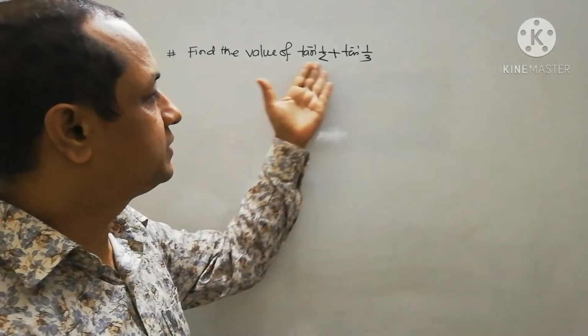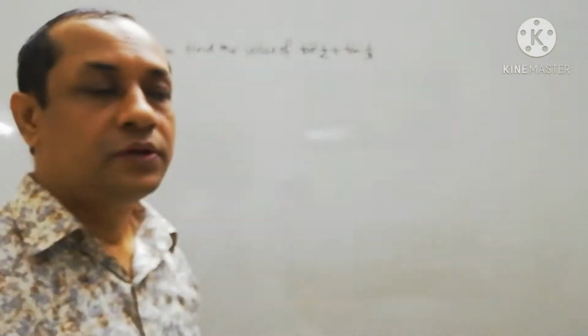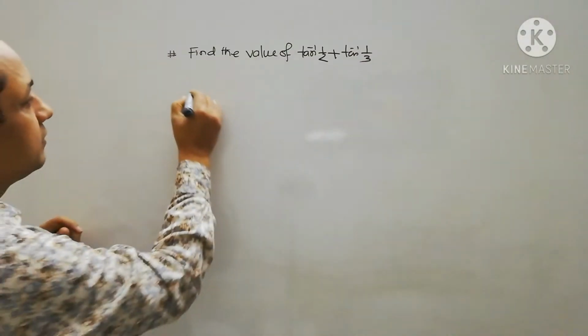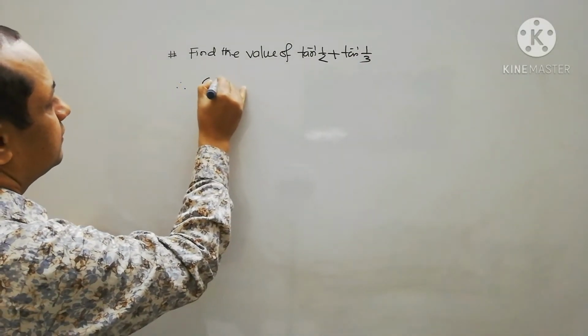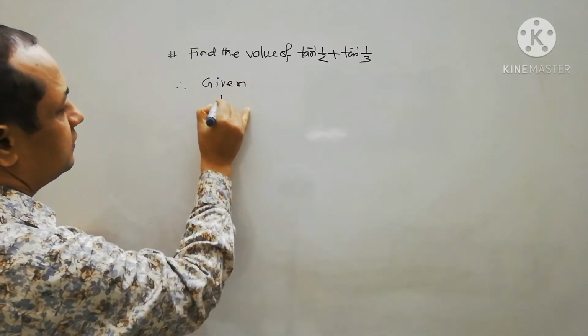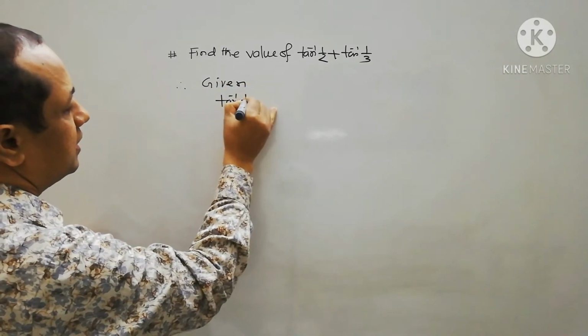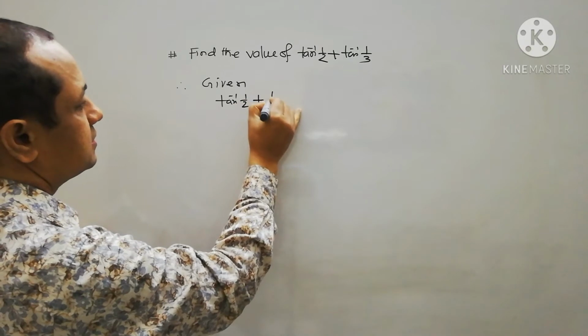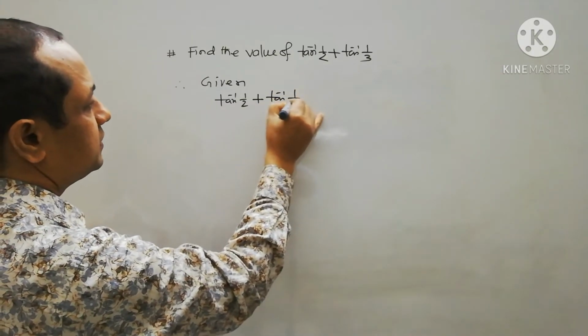Then find the value of tan inverse half plus tan inverse 1 by 3.